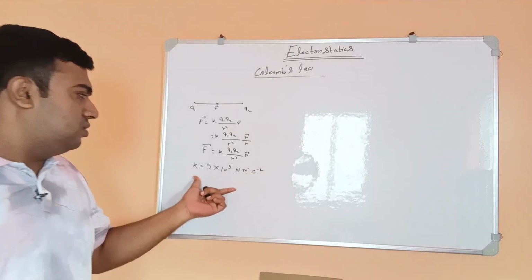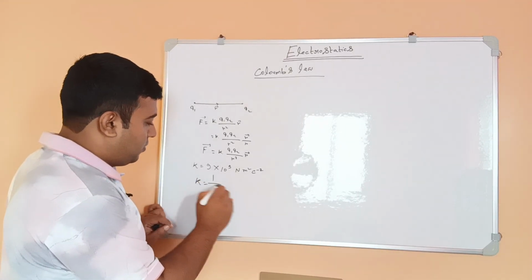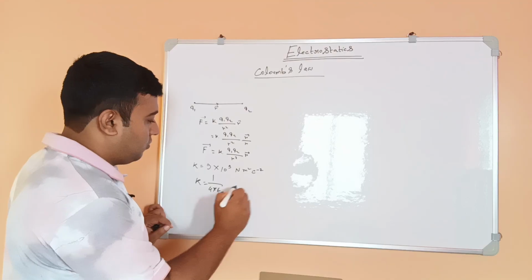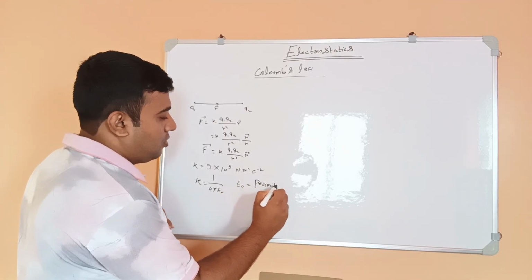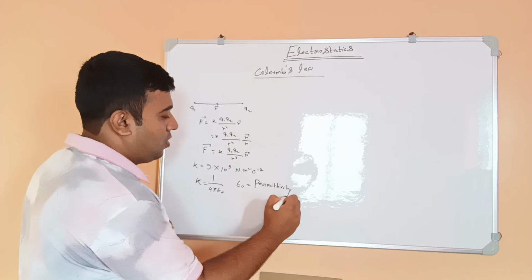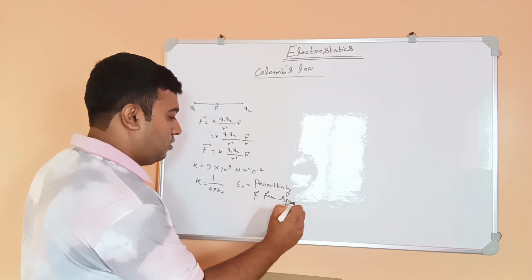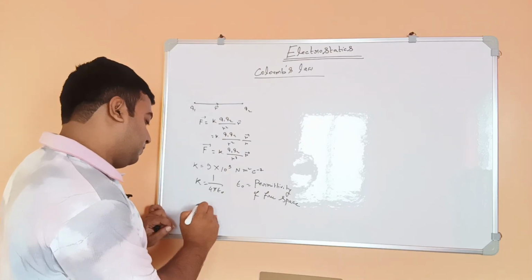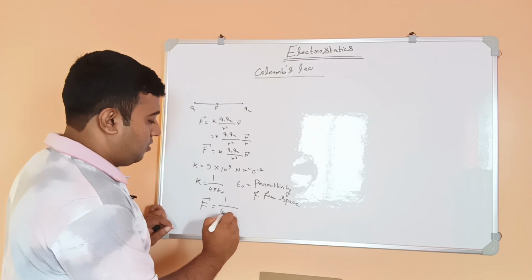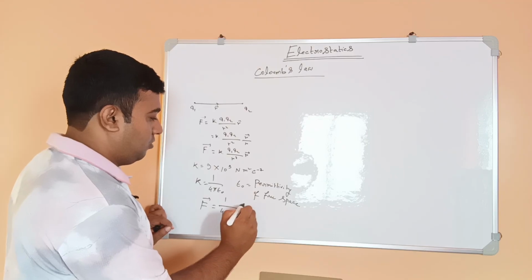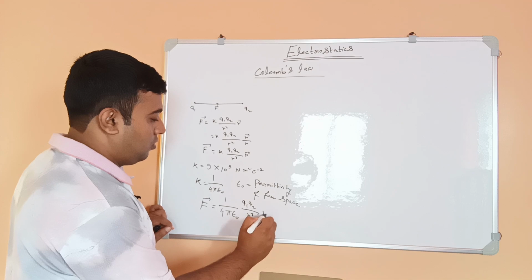This constant is often written as 1 by 4 pi epsilon naught, where epsilon naught is the permittivity of free space. So the equation becomes F is equal to 1 by 4 pi epsilon naught q1 q2 by r cube into r vector.